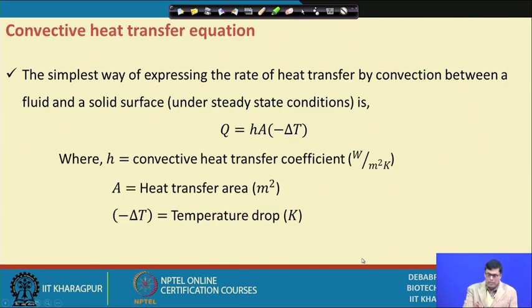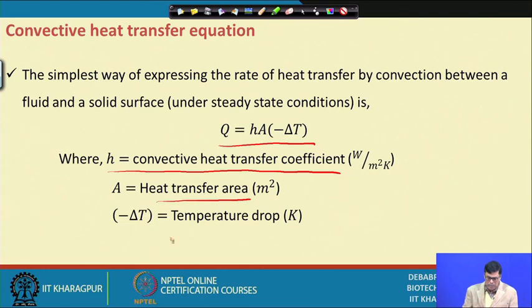So, here the rate of heat transfer can be expressed like this: q equal to h into A into del T, where h is the convective heat transfer coefficient, A is the heat transfer area, and del T is the temperature drop.